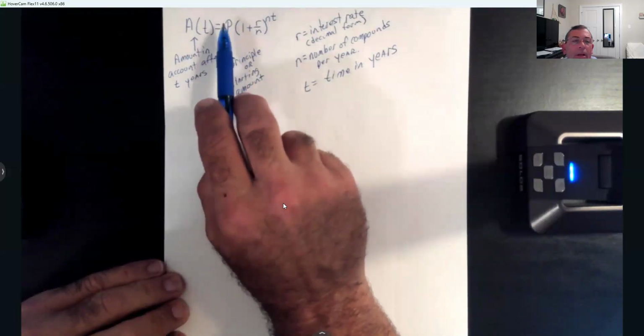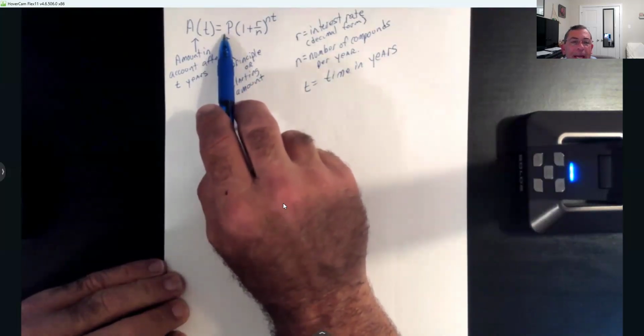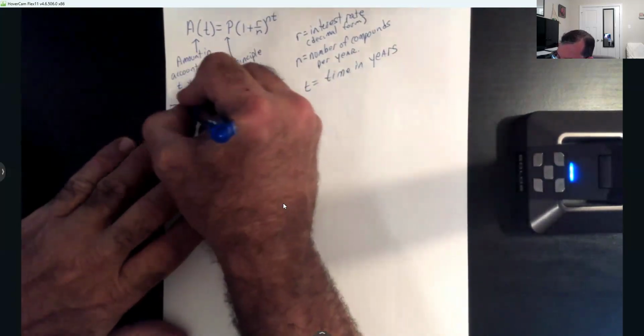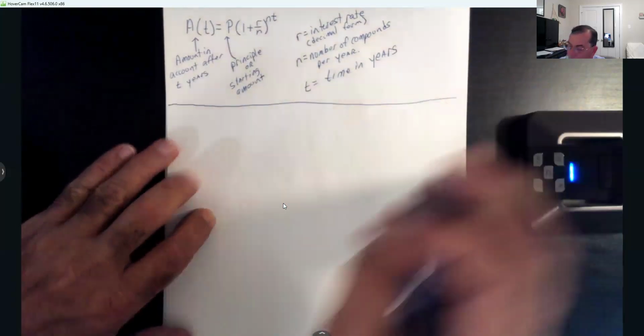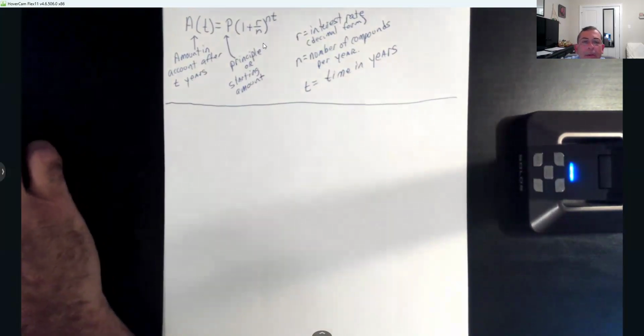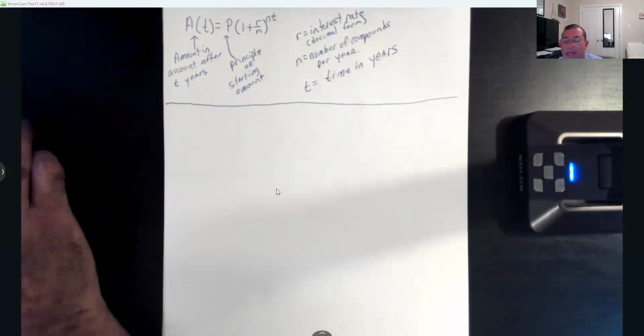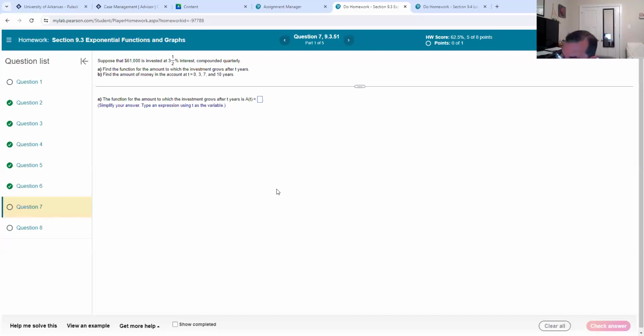All right, y'all. So let me play with one of these examples for you. So let's go look at Math Lab here and let's see what they've given us. So they're saying $61,000 is invested at 3.5% interest, compounded quarterly.